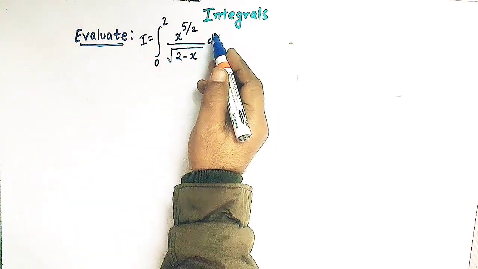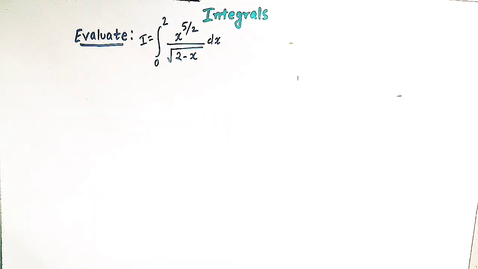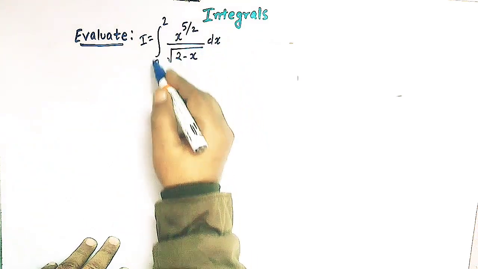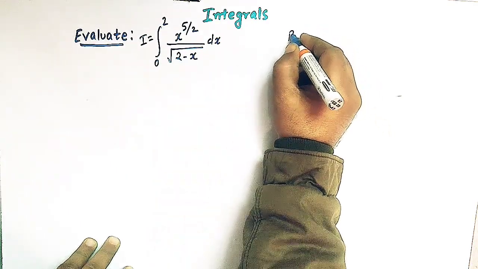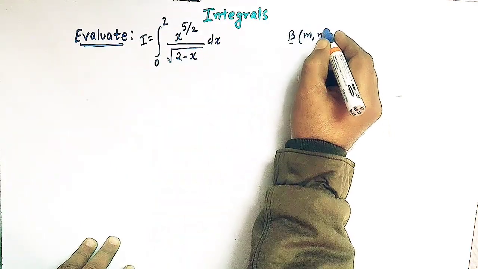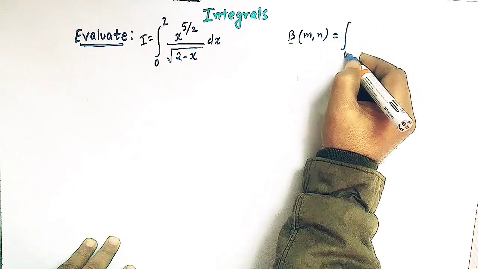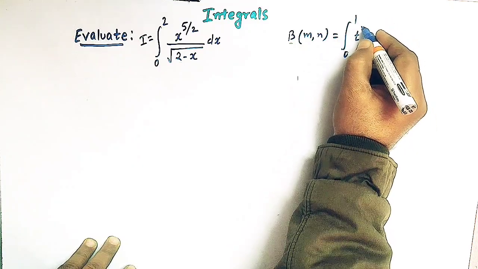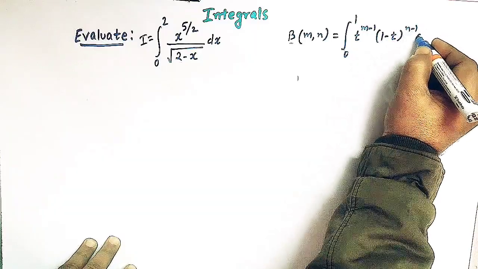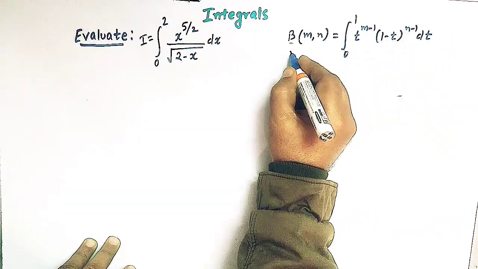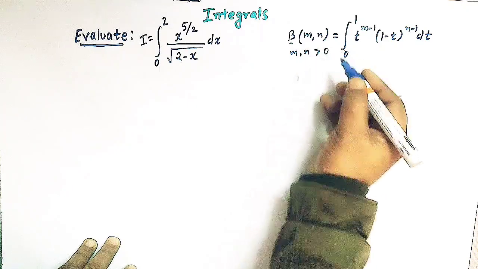Now here what we will do is first make use of the method of substitution. By using the method of substitution, we'll convert this integral into the form of the beta function, that is beta m comma n is given by the integral from 0 to 1 of t raised to m minus 1 and 1 minus t raised to n minus 1 dt, where m and n are greater than 0.